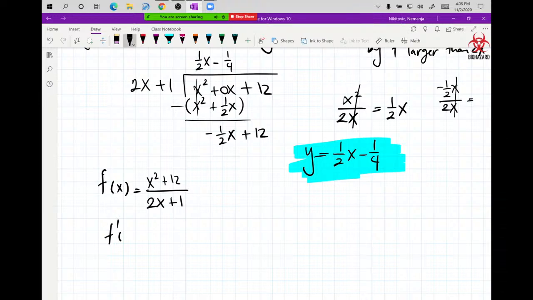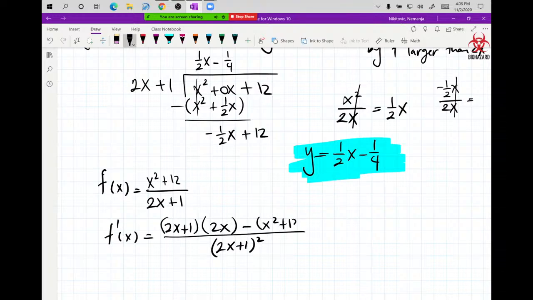So f prime of x is 2x plus 1 squared, then put 2x plus 1 over here, and then take the derivative, then minus x squared plus 12, and then times 2.